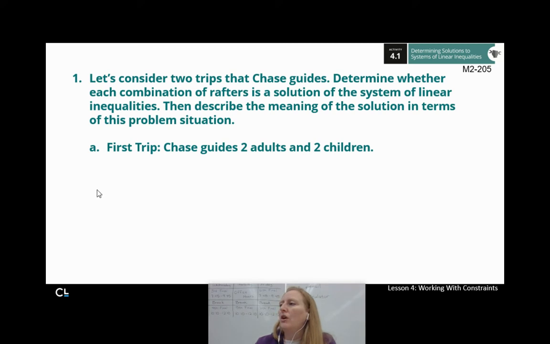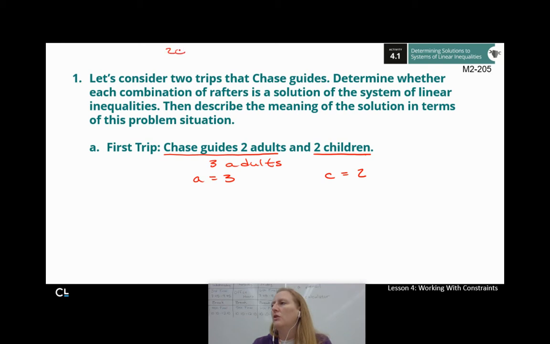So first of all, Chase guiding 2 adults, that means we actually have 3 adults, doesn't it? And of course, we also have 2 children. So this means that A equals 3 because Chase is also in the raft with them, and C equals 2. Now, we were saying it was 200A plus 100C had to be less than or equal to 800.